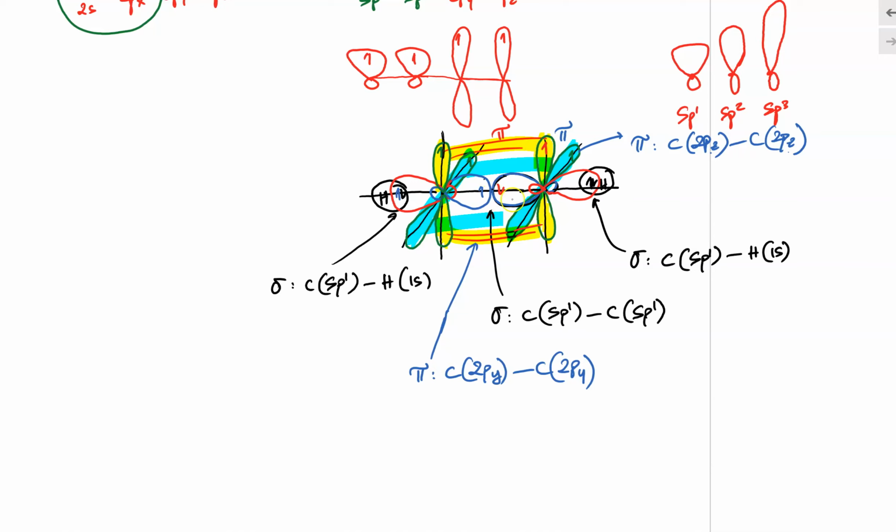If we were to rotate, that basically means this pi bond right here has to be broken in order for the rotation to be possible. And this is why whenever we have a pi bond produced between two atoms, that restricts the rotation of that bond. So rotation is not possible in the case of a double or triple bond because of the pi bonds that have been produced between the atoms.